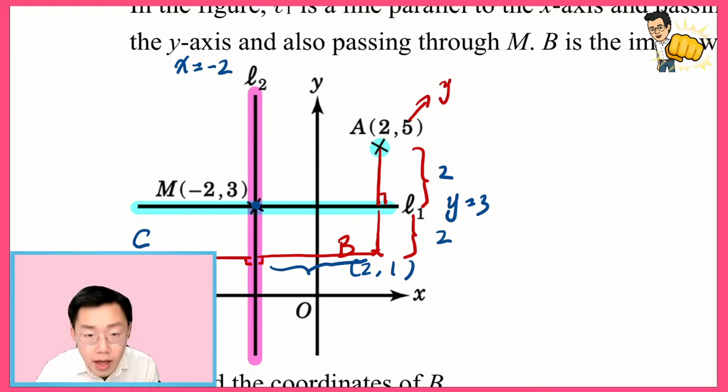Which means every point on L2 should have -2 for the x coordinate.